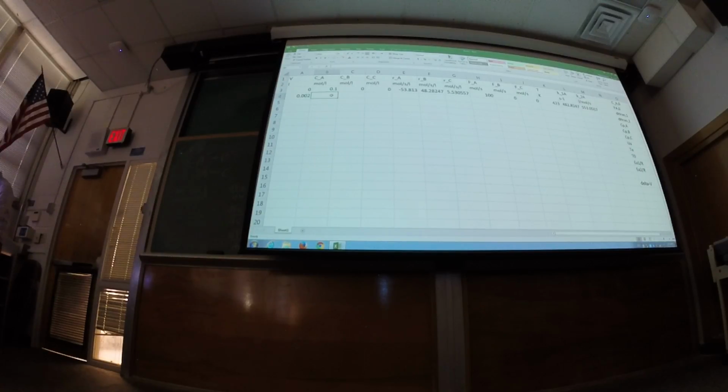So the stoichiometry just says take the total inlet concentration. So we can come back over here, and even though it's the same, just to avoid any confusion, we're going to put total inlet concentration, and again, it's the same.